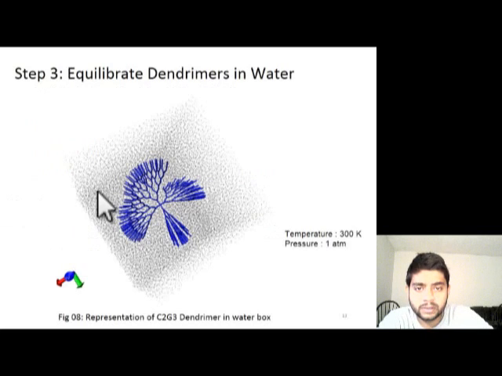In step 3, we equilibrate dendrimer in water. Here what we did is we took the dendrimer and kept it inside a water box and let it equilibrate.